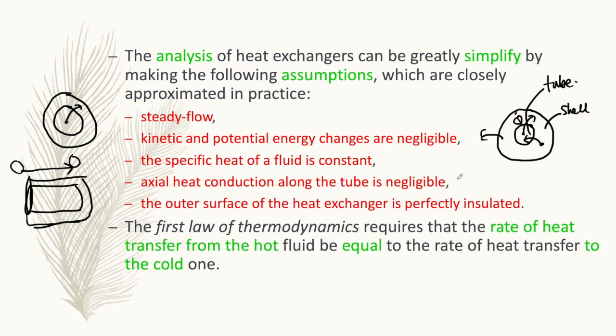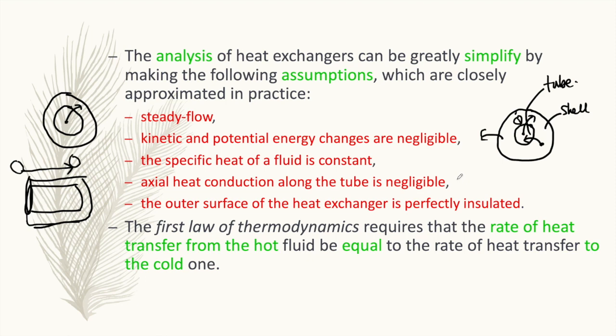So the first law of thermodynamics requires that the rate of heat transfer from the hot fluid must be equal to the rate of heat transfer to the cold one. Which means that whatever amount of energy is transferred from the hot fluid will be transferred to the cold fluid.